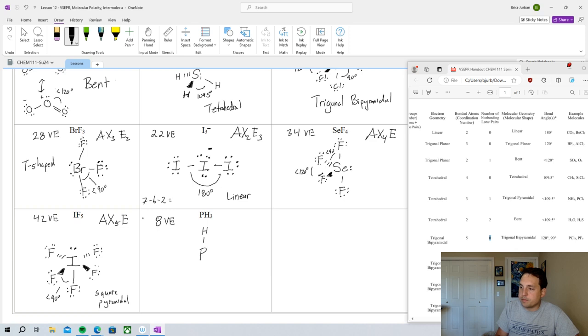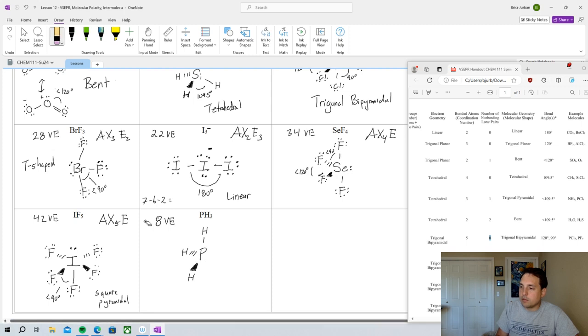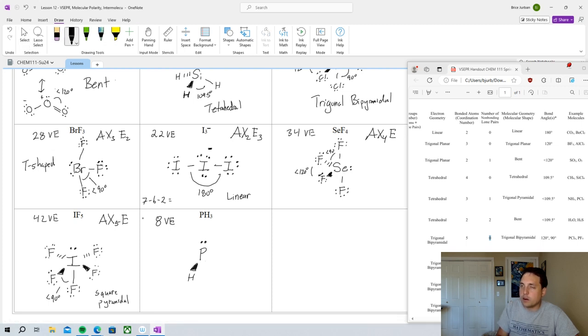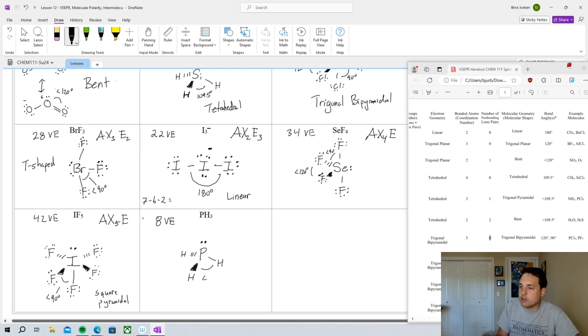When we draw this one, there's a couple ways to do this. We could draw it like this, or most people will draw it where we have put the lone pair on top and then the hydrogens like that. So here we have a bond angle that's less than 109.5 degrees.